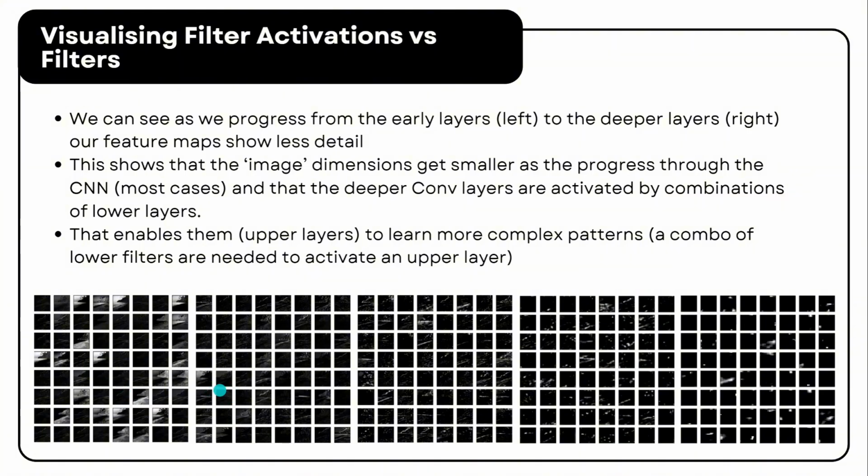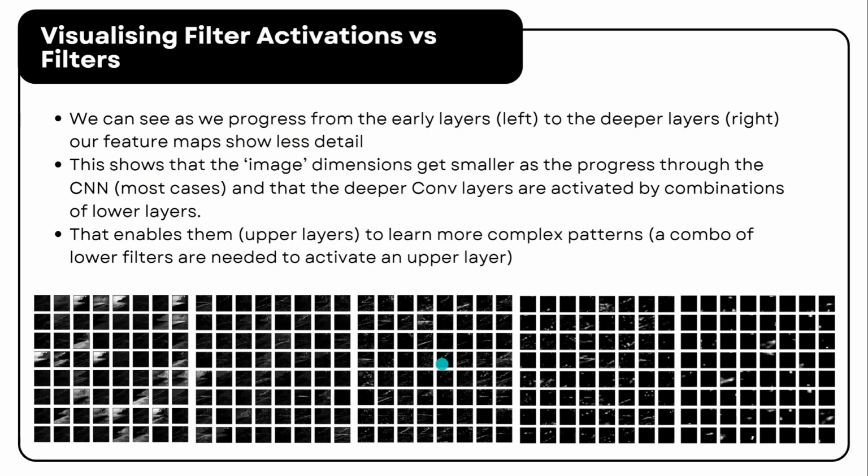As we move deeper to the right, the feature maps show less detail. This happens because the deeper convolutional layers are activated by combinations of outputs from the earlier layers. In most CNNs, unless we use padding to preserve the size, the feature maps get smaller as we go deeper.